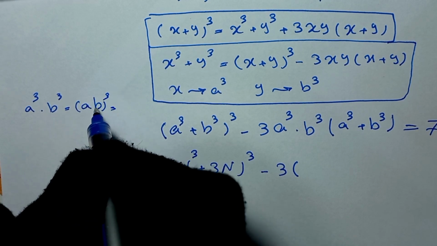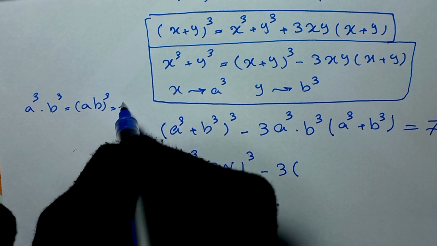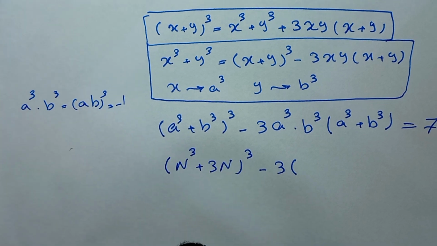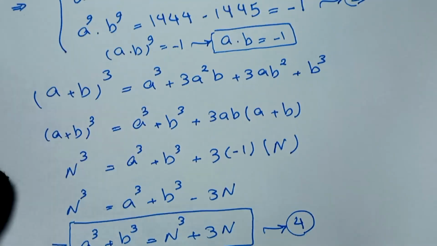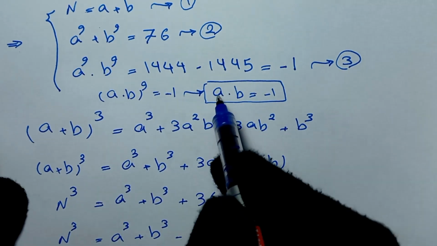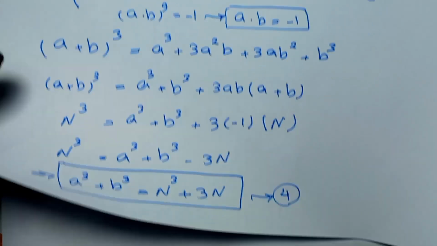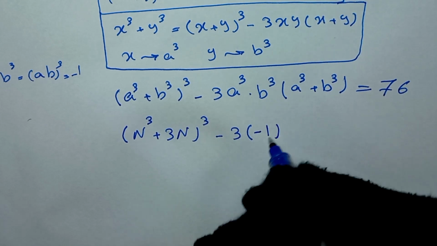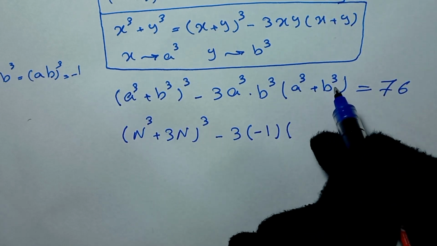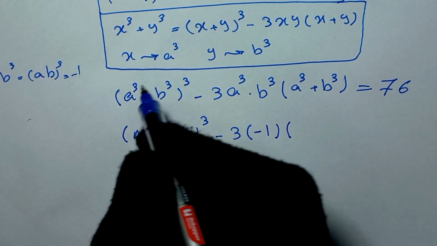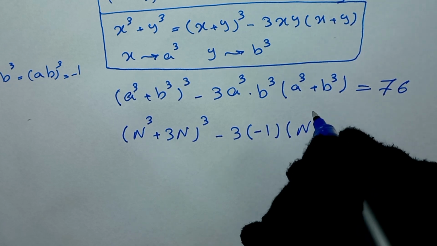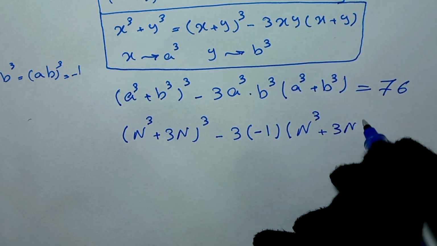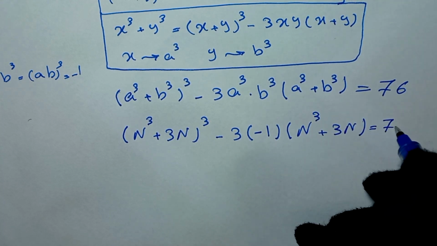And ab is negative 1, so negative 1 to the power of 3 is negative 1, right? From equation number 3, a times b is negative 1. So a cubed times b cubed will be negative 1, times a cubed plus b cubed. And a cubed plus b cubed in here also is n cubed plus 3n, and the whole is equal to 76.